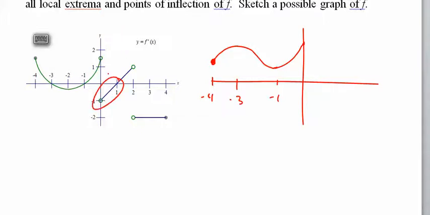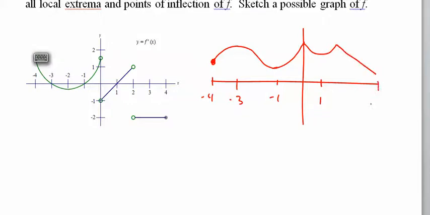Check out the next derivative. It's negative, so it's got to be going down. So let's make it a cusp just for the fun of it. Sure, it is a cusp. And then it goes positive again. Here is the one where it changes over. And then it jumps to a negative. So this is a corner just for the fun of it.